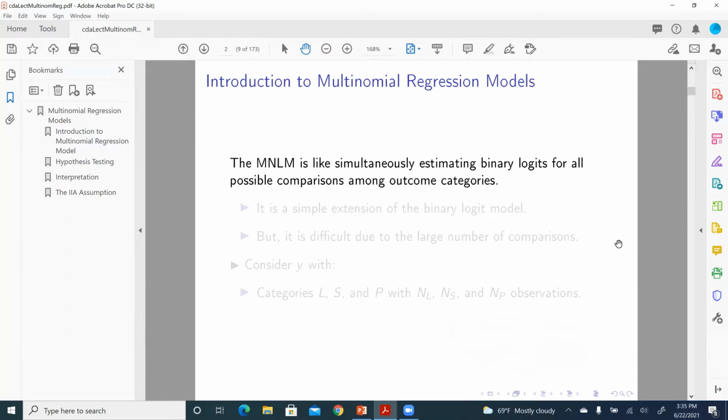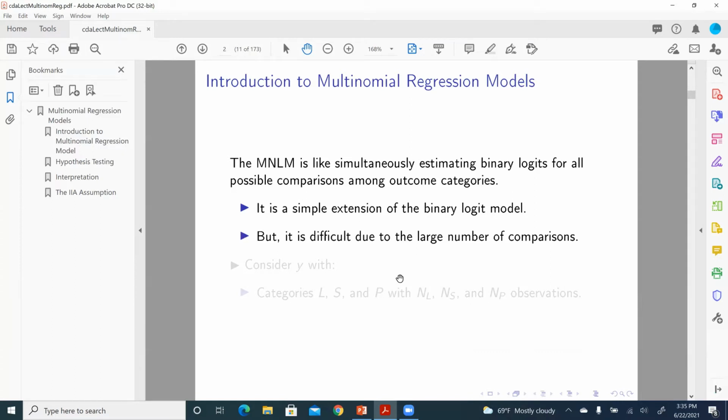So what really is the multinomial regression model? The multinomial regression model is like simultaneously estimating binary logits for all possible comparisons among outcome categories. It is a simple extension of the binary logit models, but the challenge with this type of model is that there's a large number of comparisons, basically pairwise comparisons.